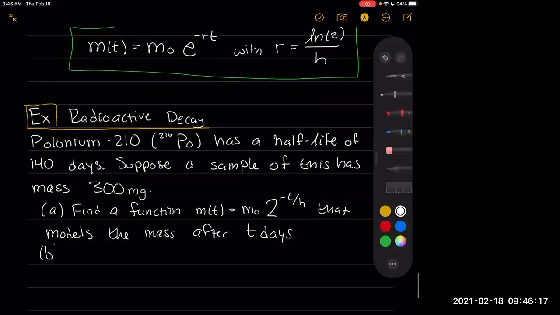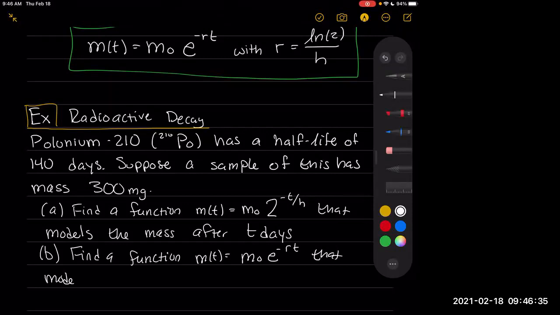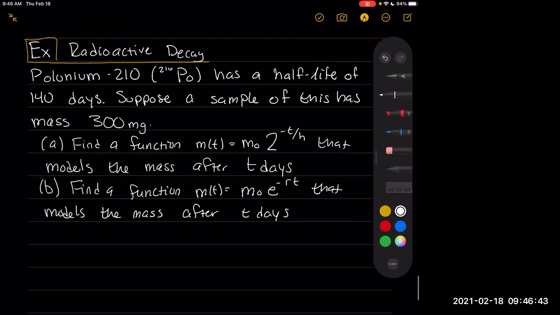And then second, we're going to find a function that looks like m of t equals m naught e to the minus rt that models mass after t days. Then we're going to find the mass remaining after 1 year.